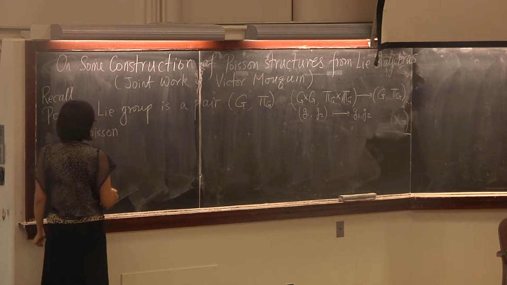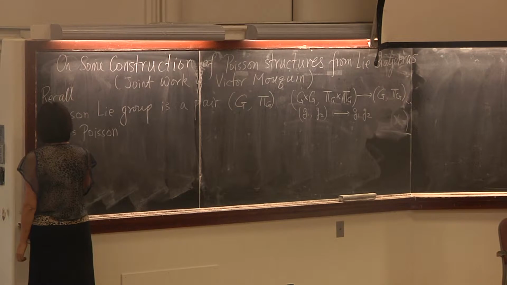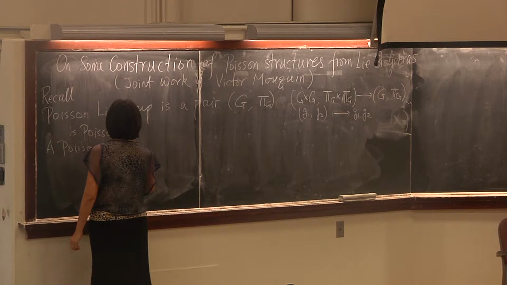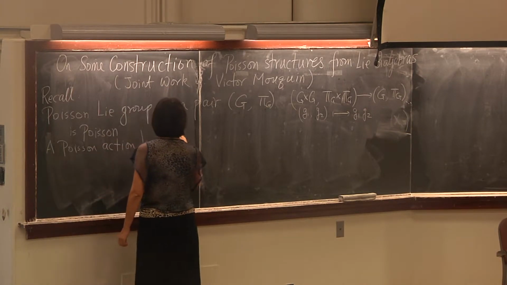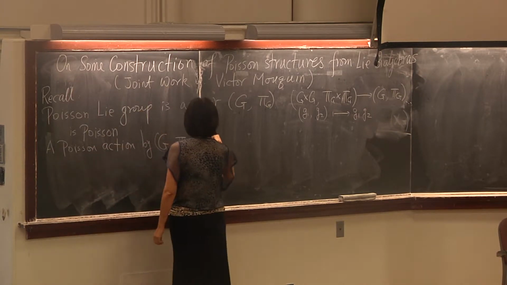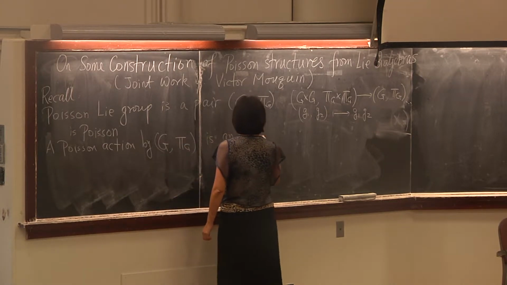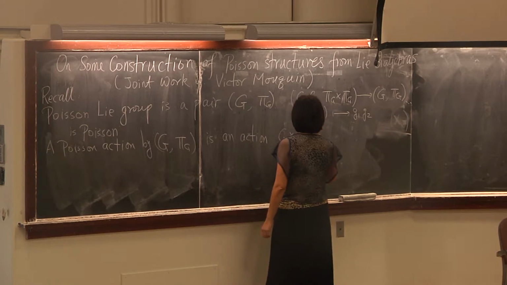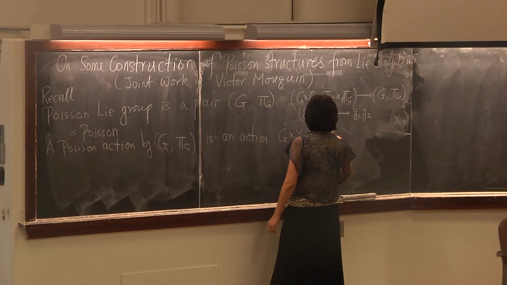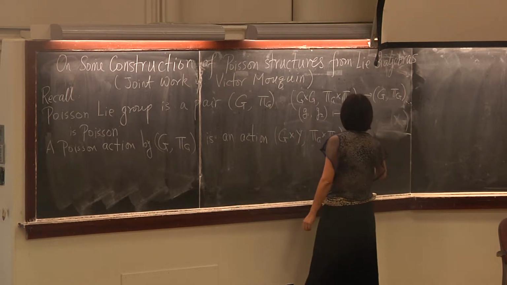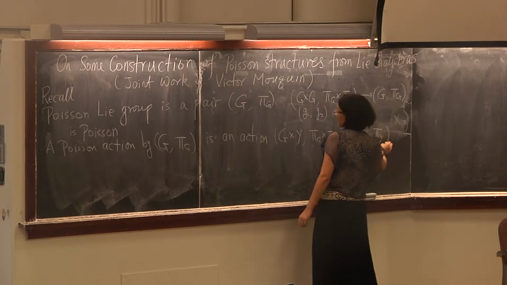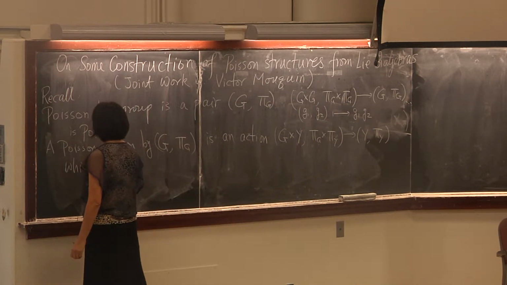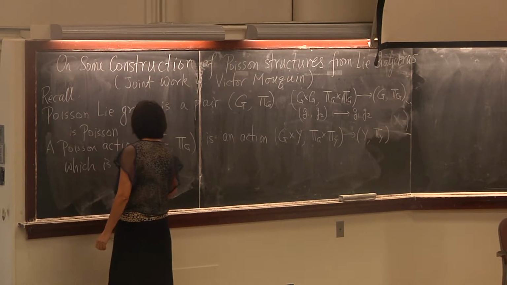Then, a Poisson action by a Poisson Lie group is a Lie group action on a Poisson manifold which is also a Poisson map.